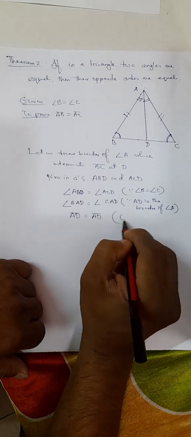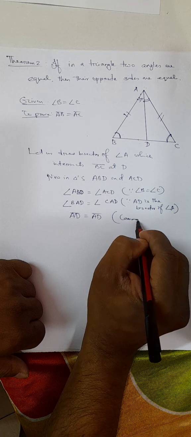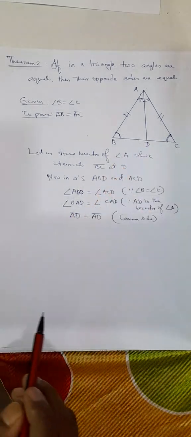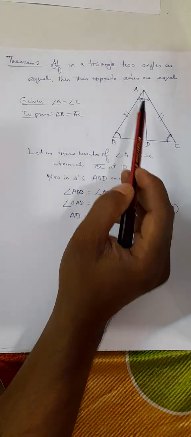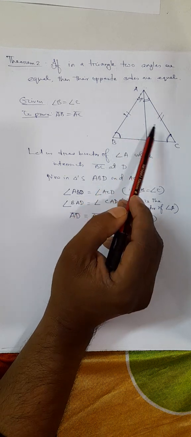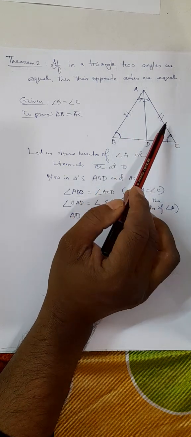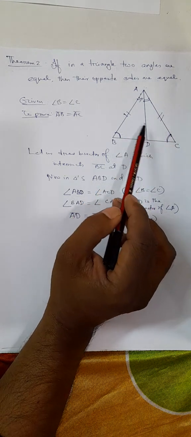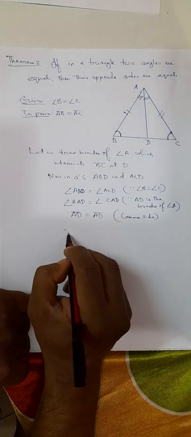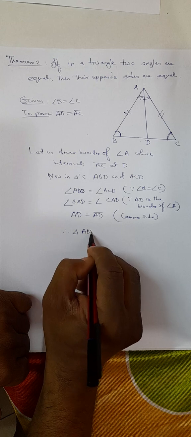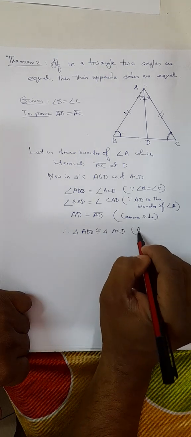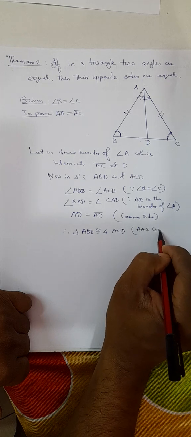It's a common side, right? Therefore, in these two triangles, we find that two angles and one side, which is not included by these two angles, are equal to two angles and one side of this triangle. So these two triangles are congruent by AAS criteria. Therefore, triangle ABD congruent to triangle ACD by AAS criteria.